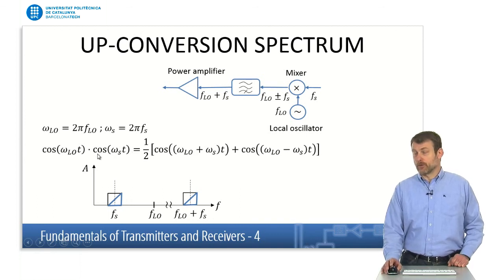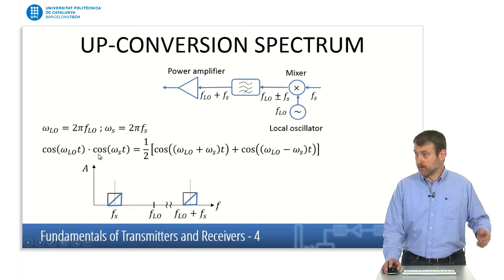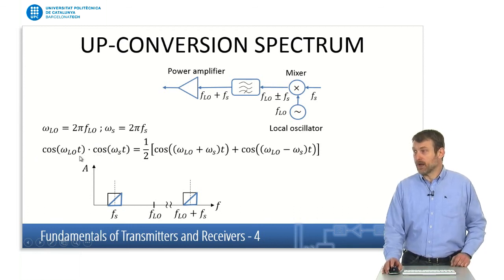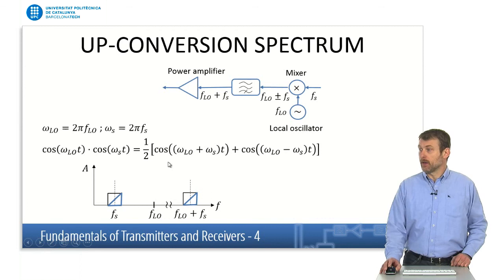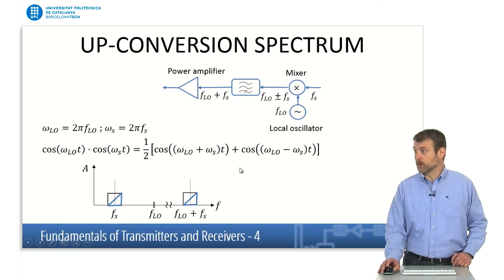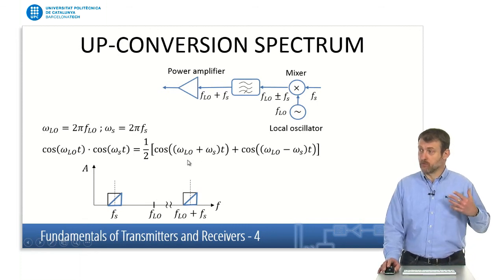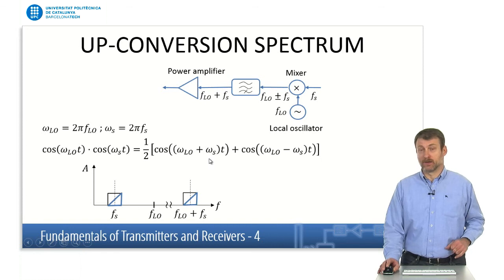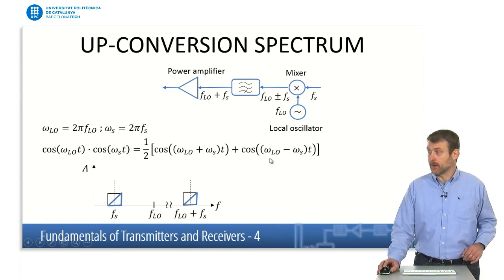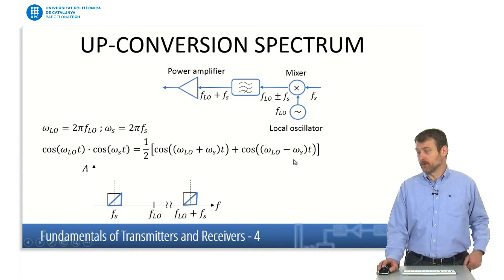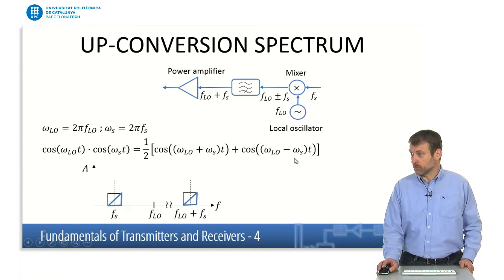So for the case in which these two signals are harmonic, the product of these two signals can be split in two frequency terms. One is the LO plus the signal, the frequency of which is the LO plus the signal frequency, and the other term is the LO minus the signal frequency.